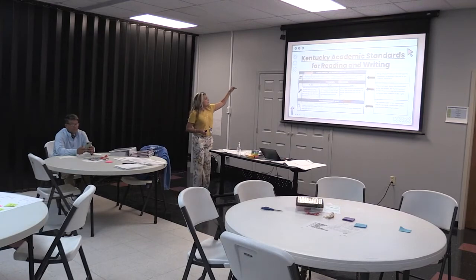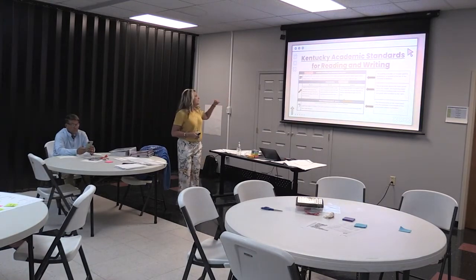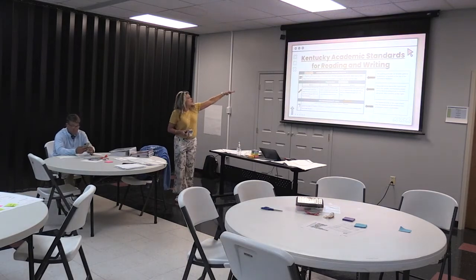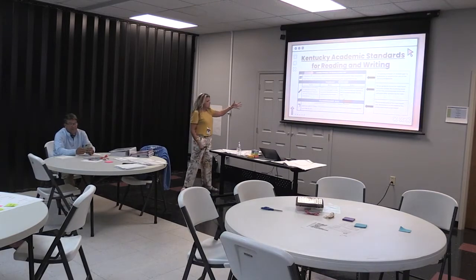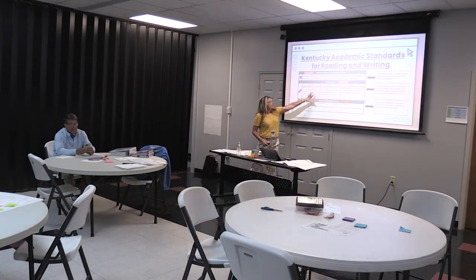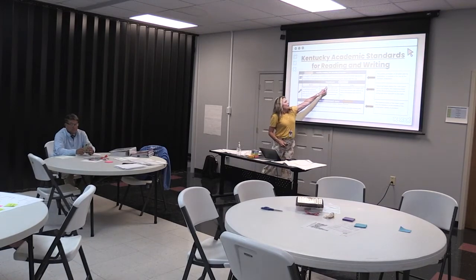At the top is your guiding principle. Every standard has a guiding principle. That is what they want students to know by the time they graduate high school. This particular example is 5th grade, and RL is reading literature.